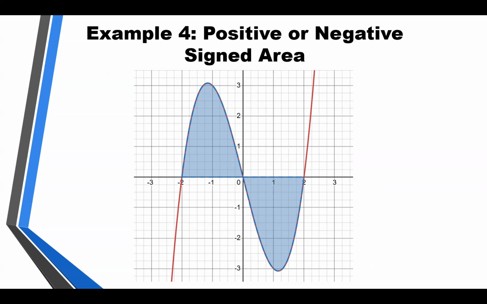So neither positive nor negative. Again, to calculate the actual signed area of this one and this one, we need some new skills, which we'll see later, but that's the idea.